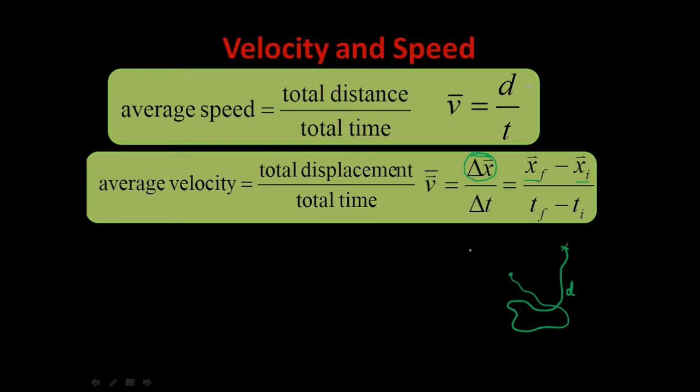On the other hand, if we take the shortcut, the direct path from here to here, that's the displacement. And that displacement divided by the time is going to give you the average velocity. Not only will the velocity have a direction, but in this particular case, it's going to be a lot smaller number than the speed, because the displacement, which is the direct path from where you start to where you finish, is much shorter than the distance.